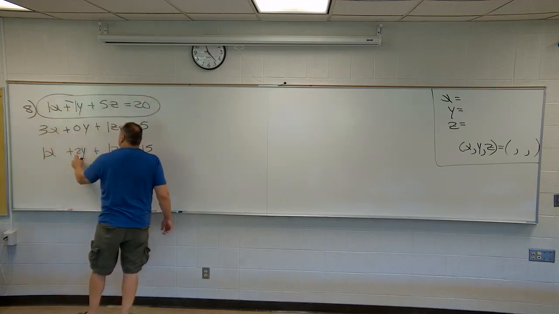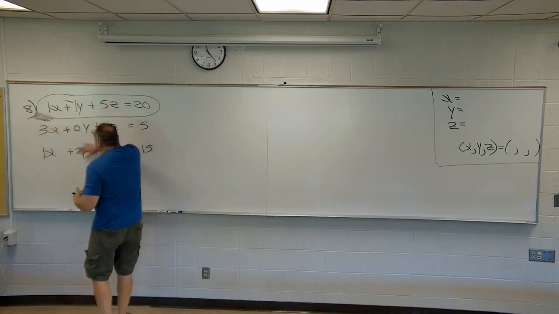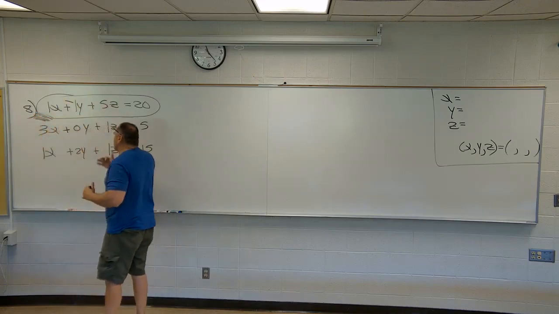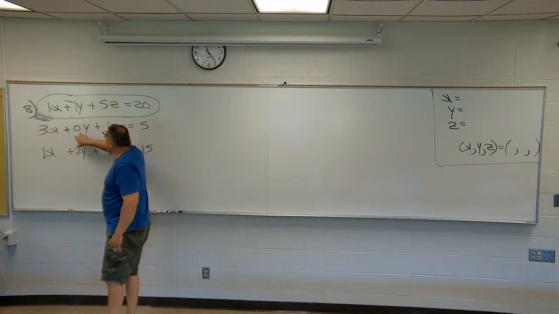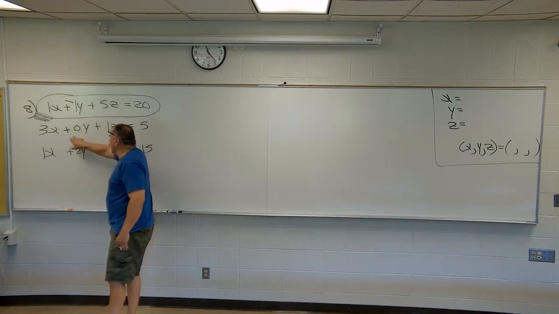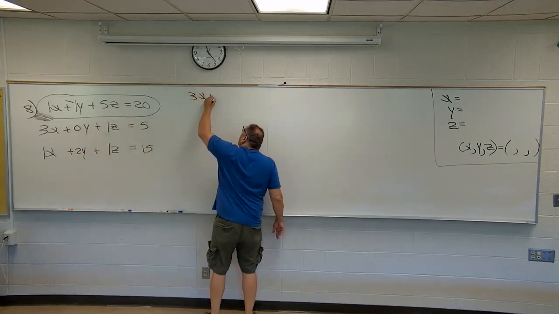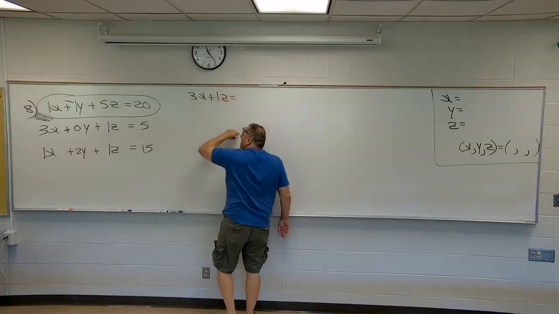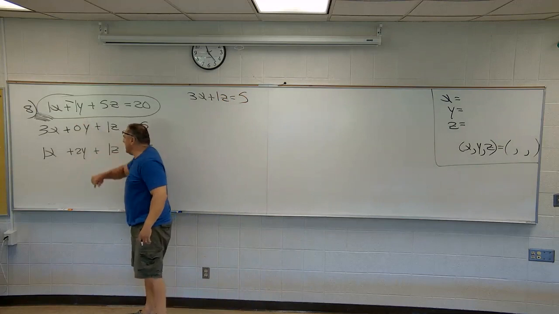Let me use this as a battering ram. I can use any one of these three equations as a battering ram to hit the remaining two. Here, 0 times y is just 0, so I got 3x plus 1z equals 5. The y is already out of here.